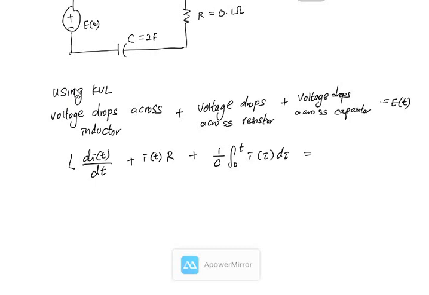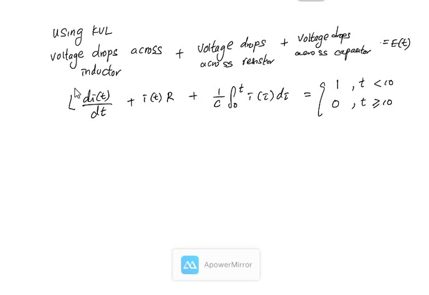In the question, the power source of 1 volt is applied to the circuit for 10 seconds. This means 1 for t less than 10 and 0 for t more than or equal to 10.